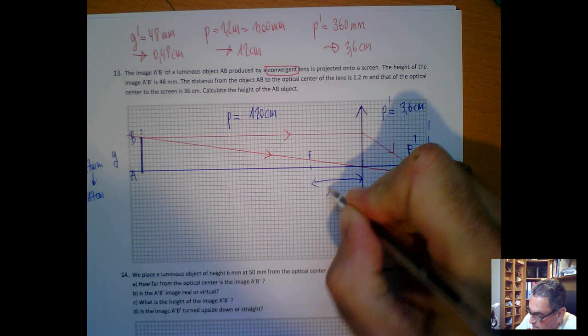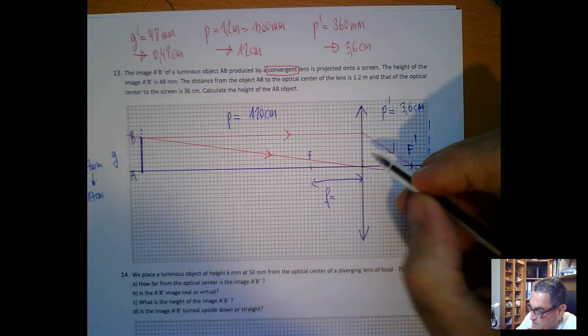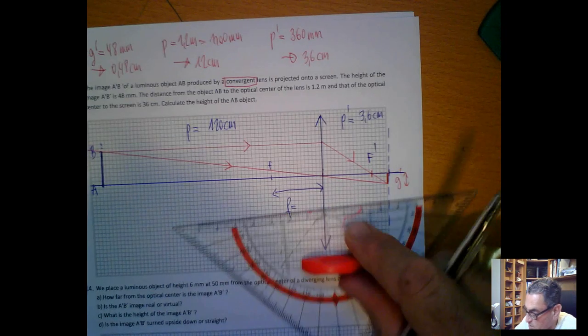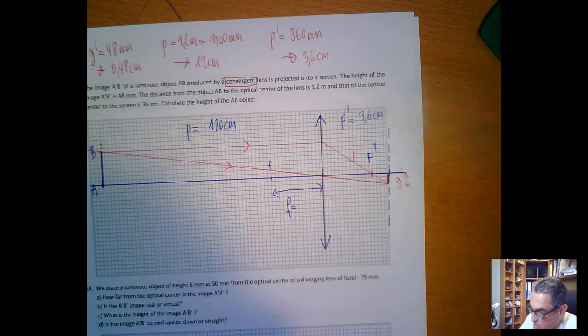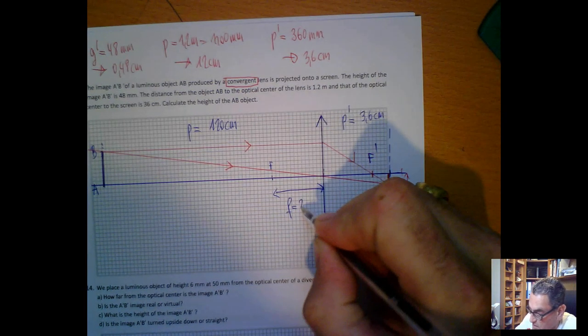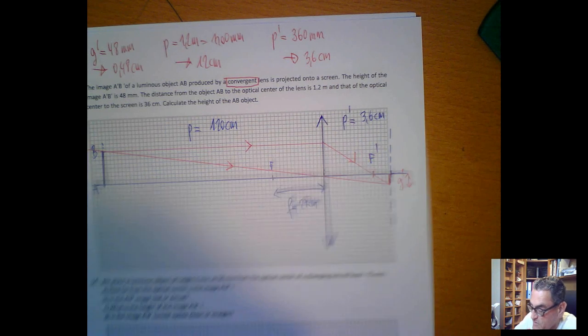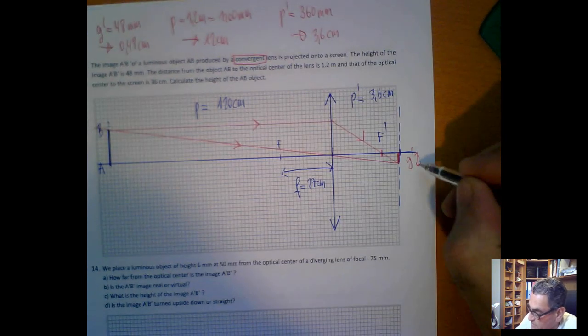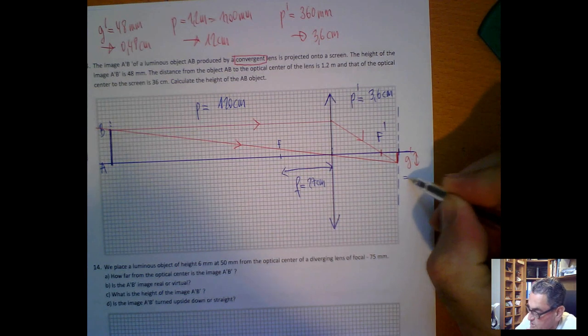We have F, which is, how much did we say? 27 millimeters. I said 27 millimeters times 10, it's 27 centimeters. And what else?